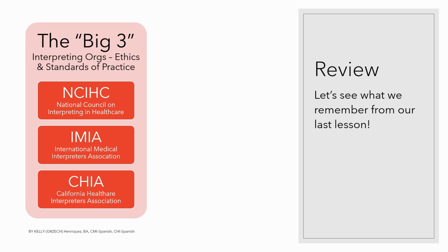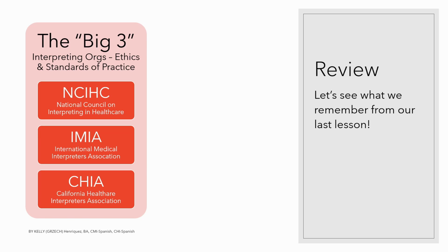And the reason why I selected these 3 here is because these are actually what you get tested on. They're required knowledge for the U.S. national certification exams with CCHI, the Certification Commission for Healthcare Interpreters, and NBCMI, the National Board of Certification for Medical Interpreters.